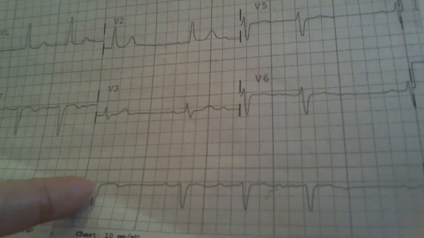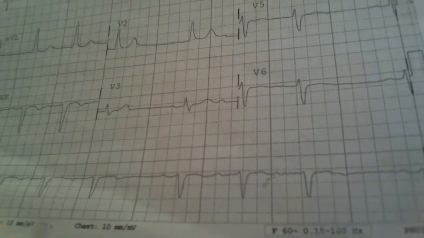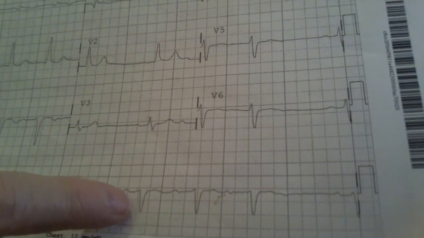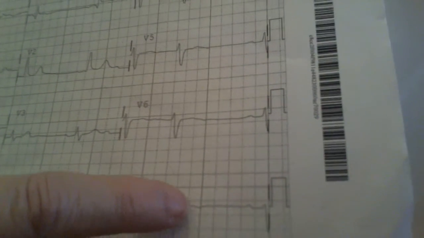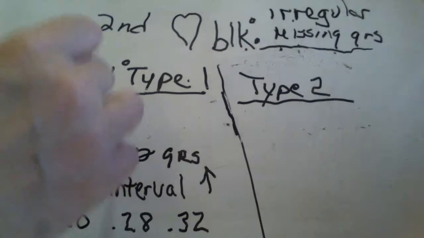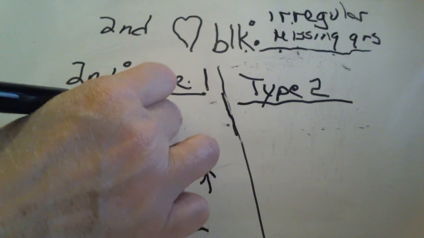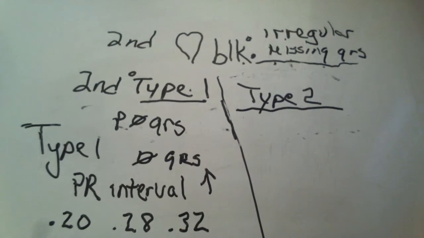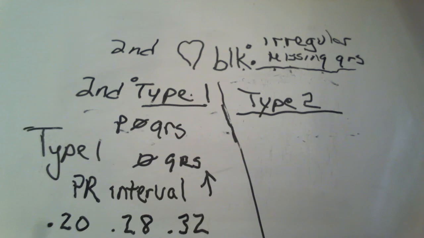It starts here, it ends there, and then, oh look, here's a P, no QRS. And then it starts over. PR interval is short, gets a little longer, gets huge, and then a P with no QRS. So then you will have a P and no QRS because your QRS is dropped. So when you think of second degree blocks, always think that it's irregular and that you are missing QRSs.